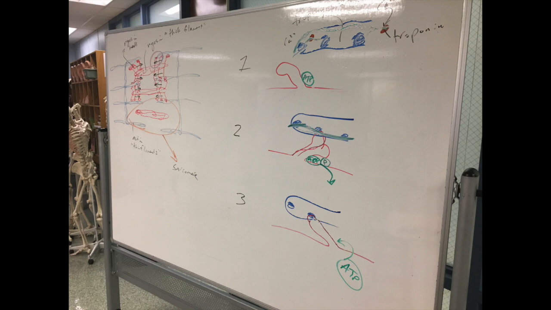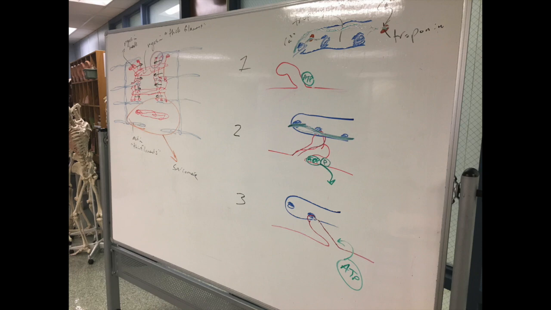So what calcium does is calcium binds to troponin, and when calcium binds to troponin, those charges rearrange. Tropomyosin changes position and exposes all those binding sites. All right?